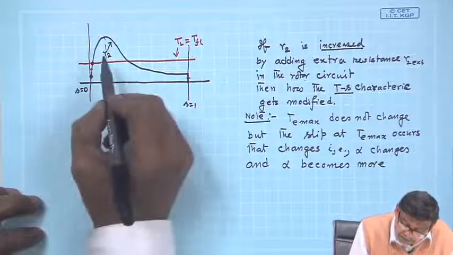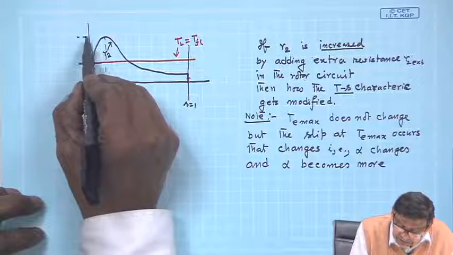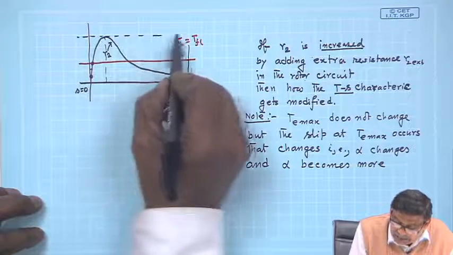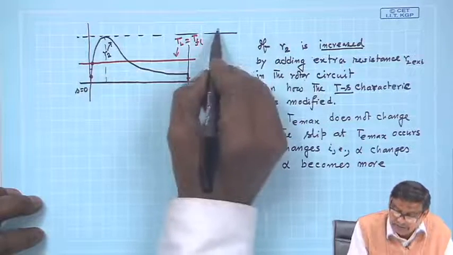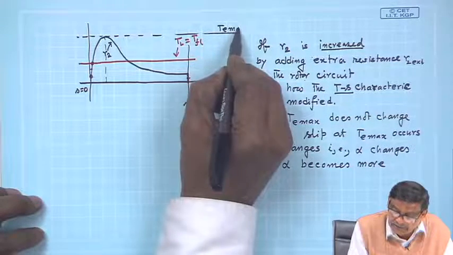Therefore, if you add some external resistance, this T max is fixed, it is not going to change.